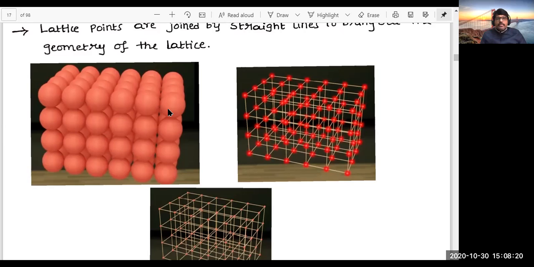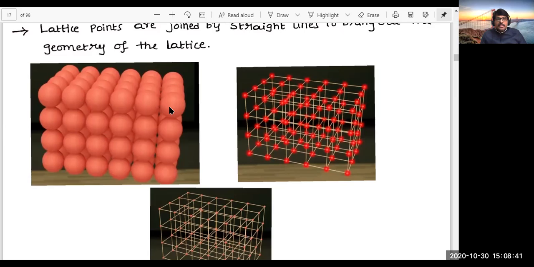Now, we are trying to understand the meaning of crystal lattice, which is also known as a space lattice. See what exactly we are doing. There are repeating constituent particles, and this constituent particle may be an atom or ion or molecule, whatever it may be.